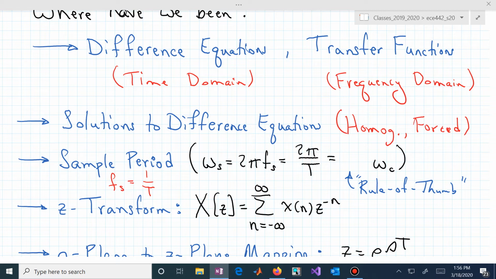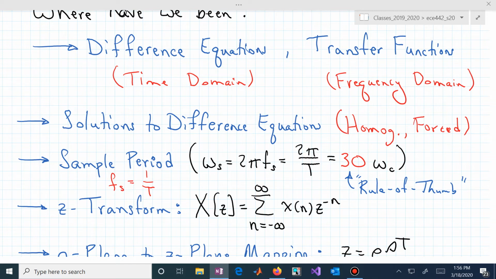We can relate that sample period or sample frequency to the highest frequency in our system, which we're labeling as omega c. Since we're dealing in a control environment, we want to make sure that we capture a lot of the intricacies of that signal.